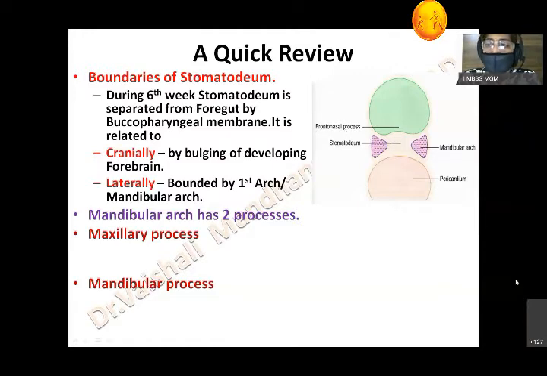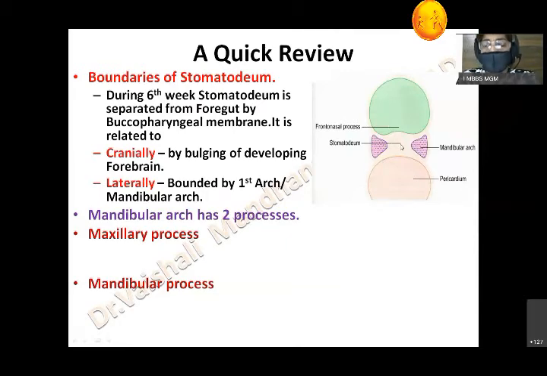So in the figure, this green part is the developing forebrain bulge. On the lateral side, this pink arch is the first arch. This first arch later gives us two processes. And below this, you get the pericardial bulge. On the lateral aspect, there are different arches which develop here, and because of that, the pericardial bulge is shifted downwards to its normal position, isn't it?